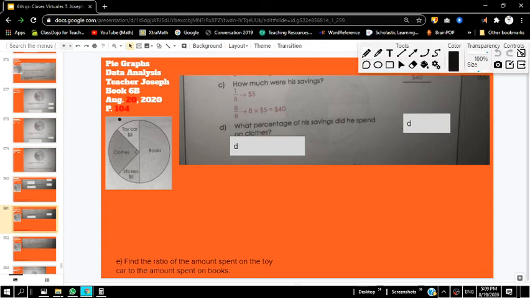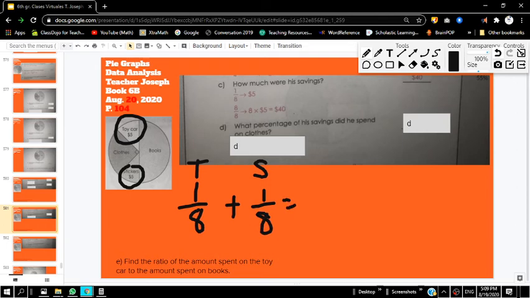If we know that $5 was spent on toys and $5 was spent on stickers, we can just take 1/8 plus 1/8, okay, of the toys, plus the sticker amount, which was also 1/8, to give us 1/4.